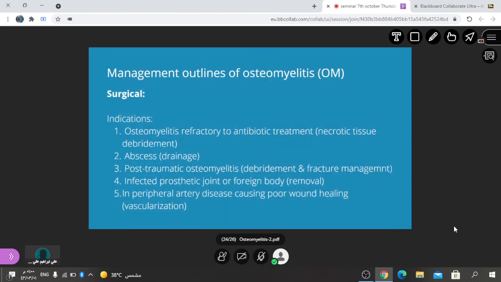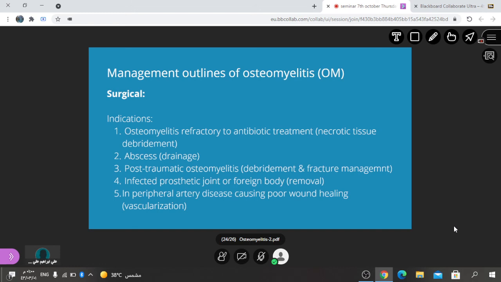Here is the surgical choice, which is indicated in some situations, like a refractory case of osteomyelitis. We can identify a refractory case as one that does not respond or improve with antibiotic treatment. If any abscess is present, we need to drain it to give a better result for the antibiotic.